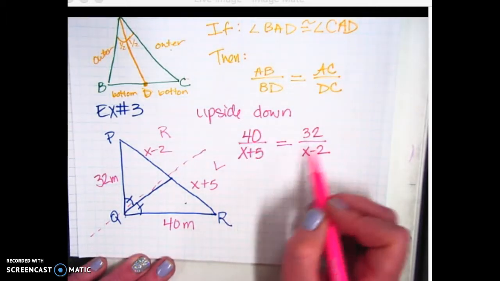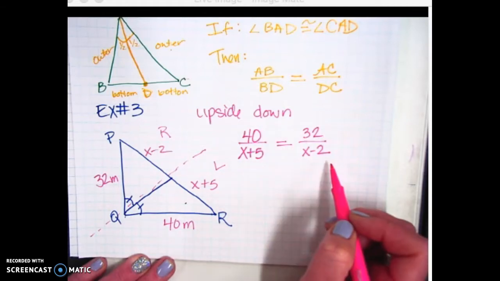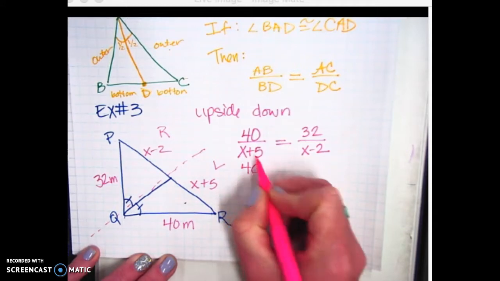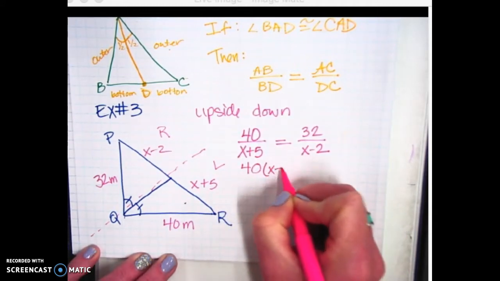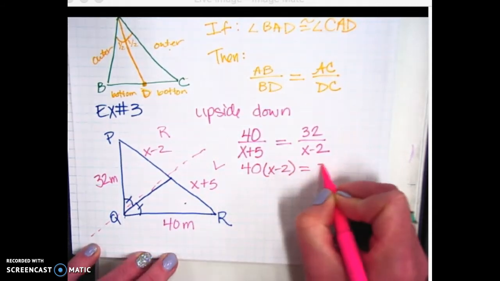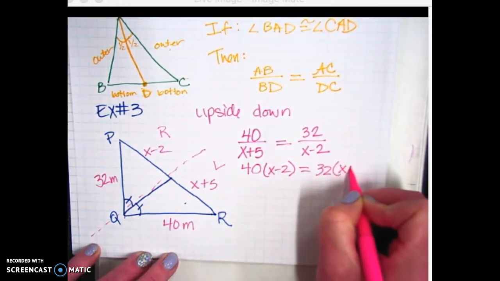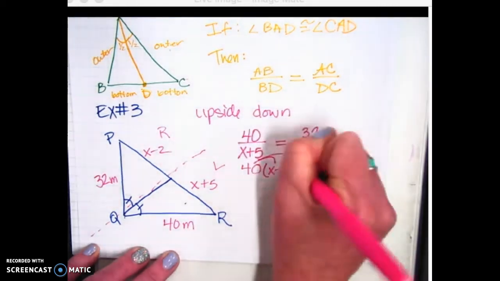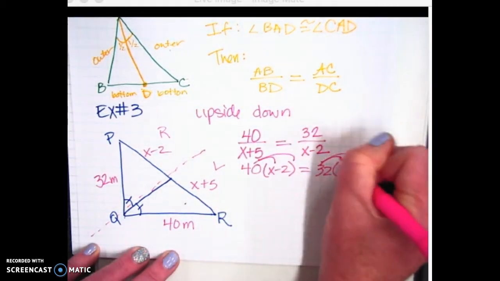Okay, so notice it doesn't really matter which way to go first because you're going to have a variable on both sides. So let's go 40 times x minus 2 first. Set that equal to 32 times the x plus 5. That means I need to distribute on both sides as my first step.